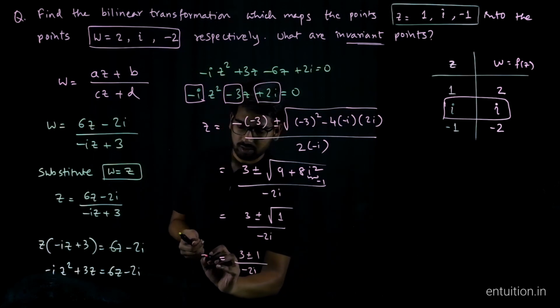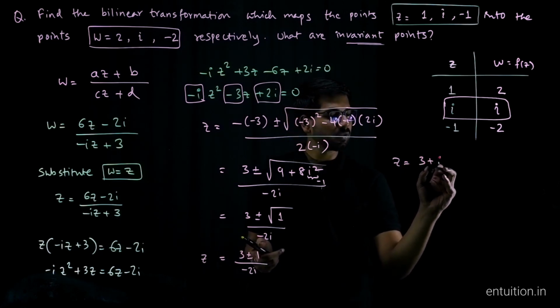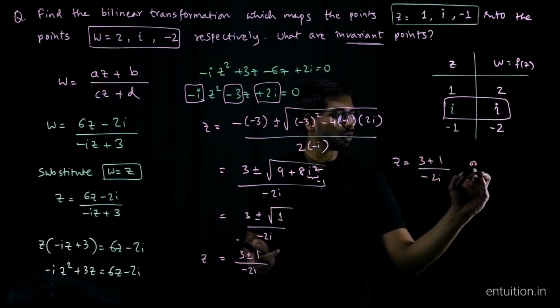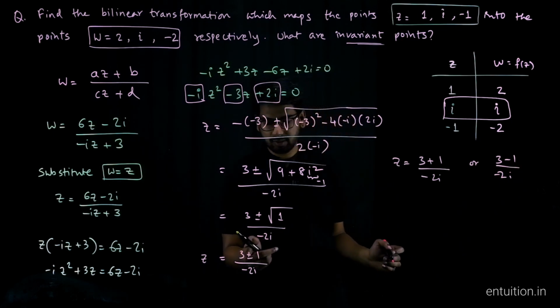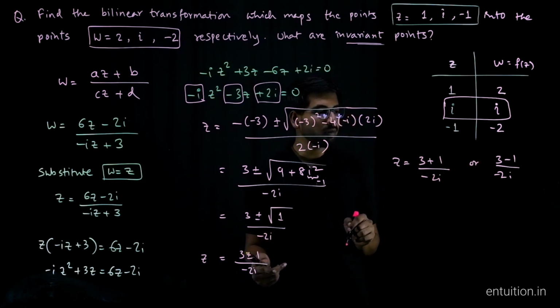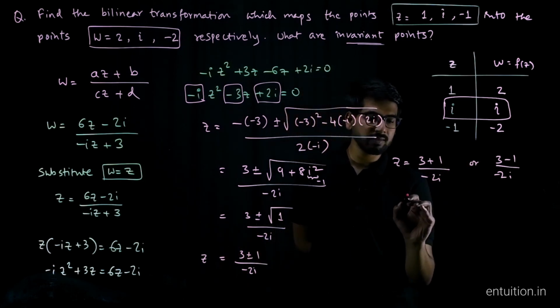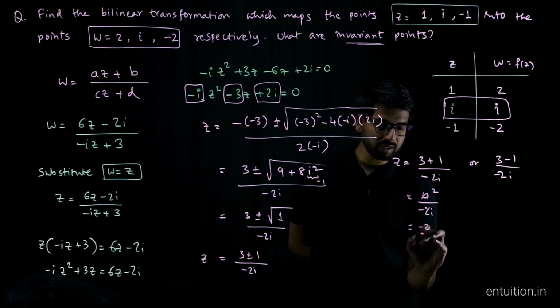Okay. So z is equal to 3 plus 1 over minus 2i, or 3 minus 1 over minus 2i. You have to split this. One value of z for plus, one value of z for minus. Okay. So 3 plus 1 is 4 by minus 2i. Okay. So 2 twos are 4, 2 ones are 2, minus 2 by i.